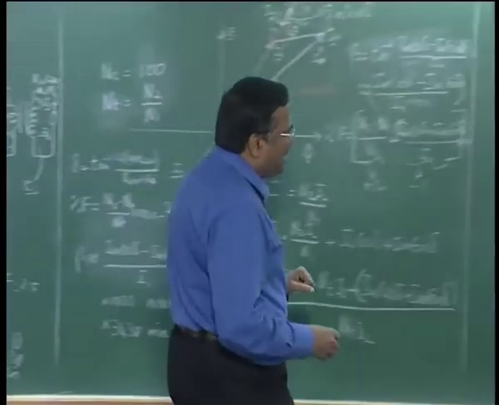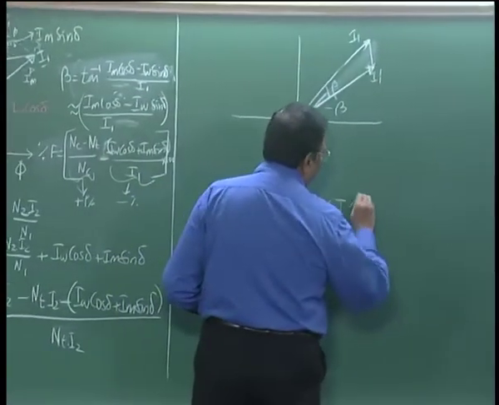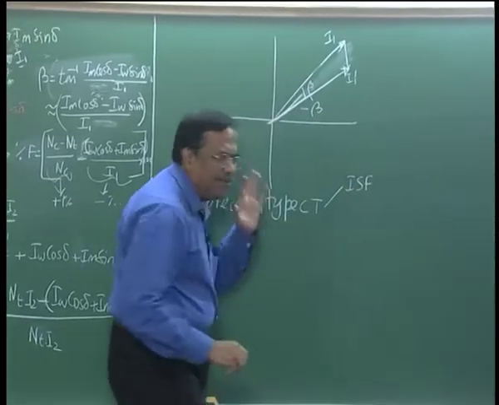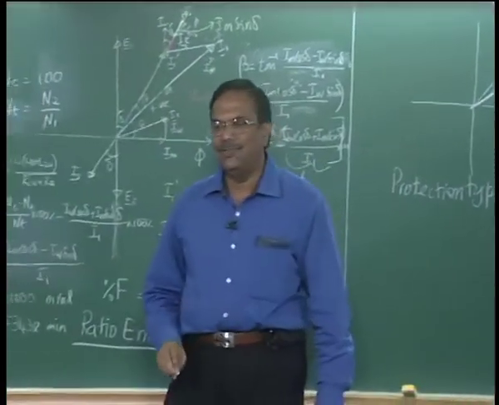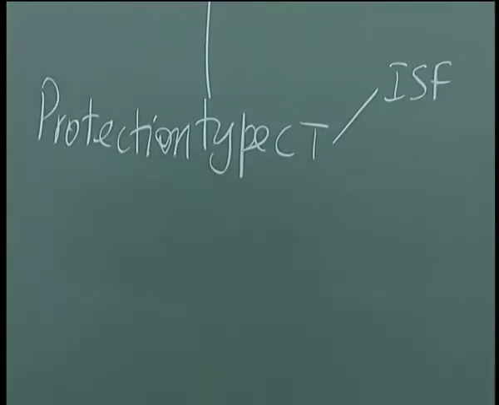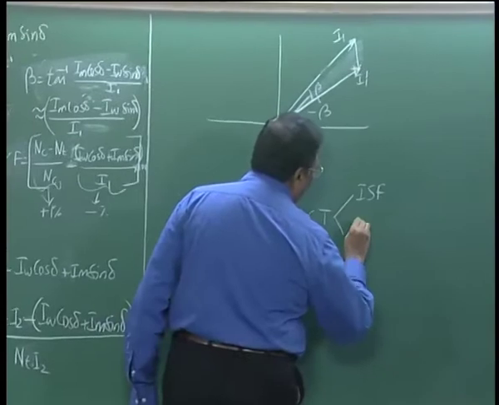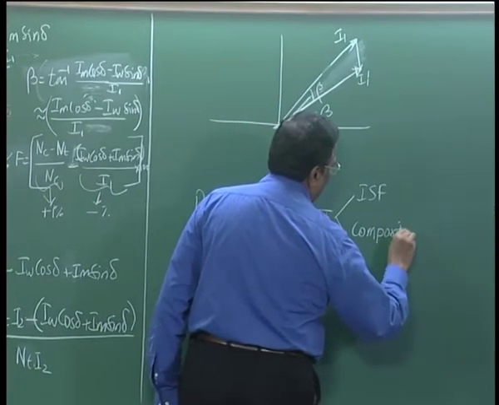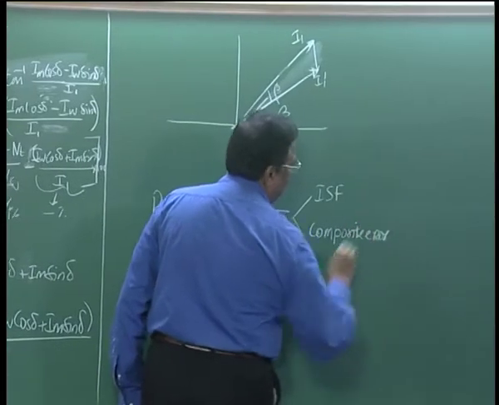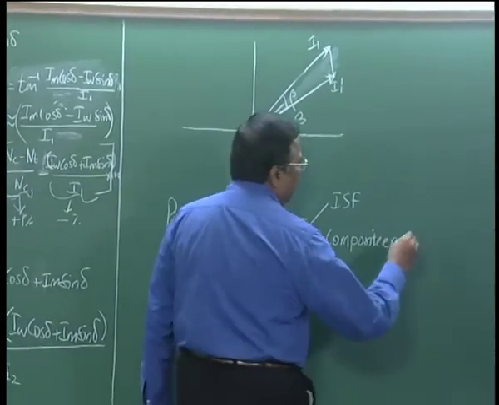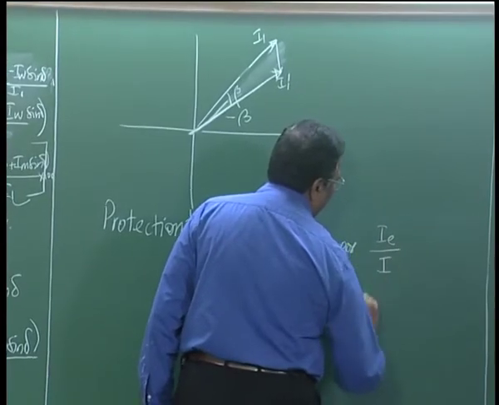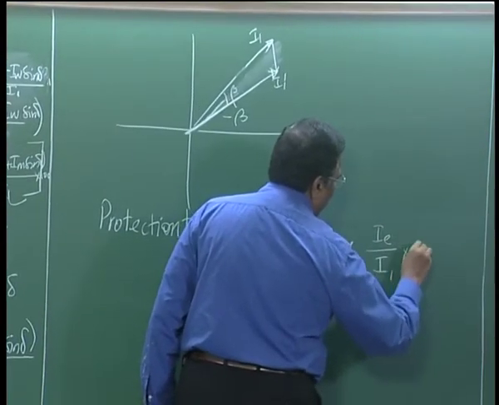So for the protection type CT, we have the ISF, that is the maximum current that the current transformer can take on the secondary side, and an error called composite error. This composite error is the magnitude of IE, the excitation current, divided by the magnitude of I1, into 100%.